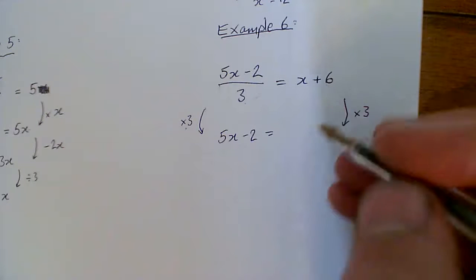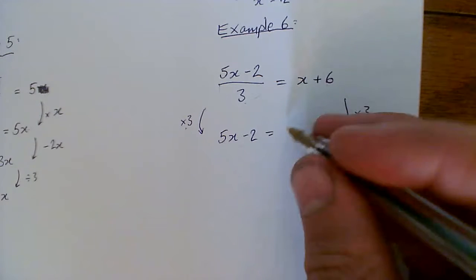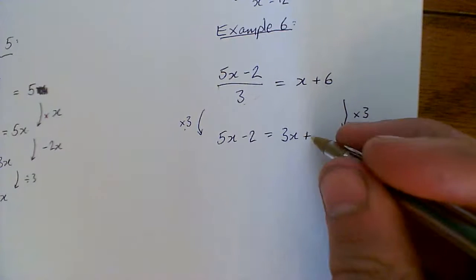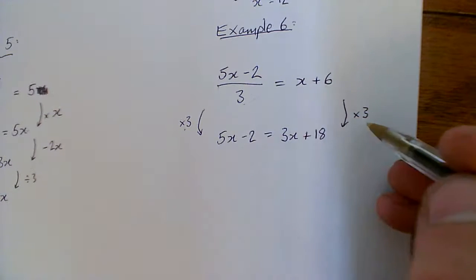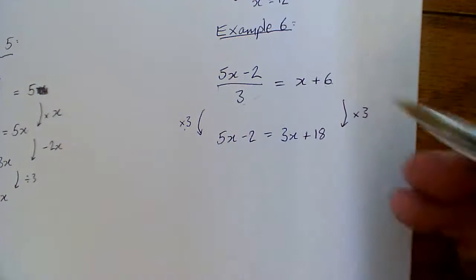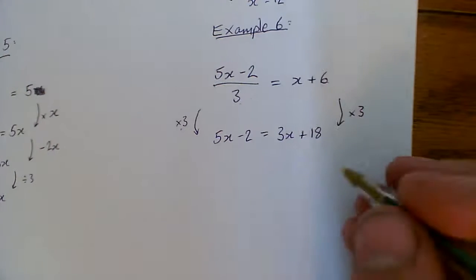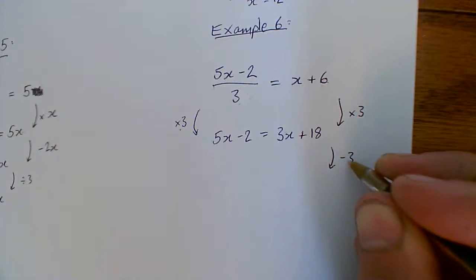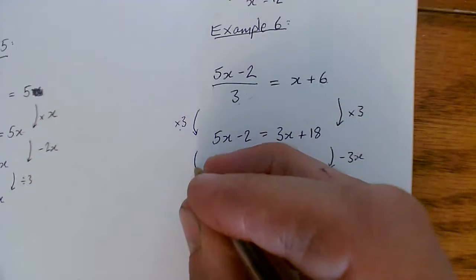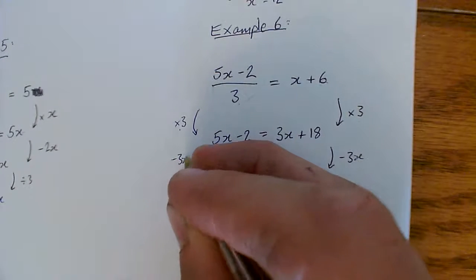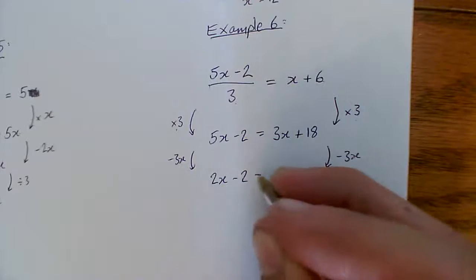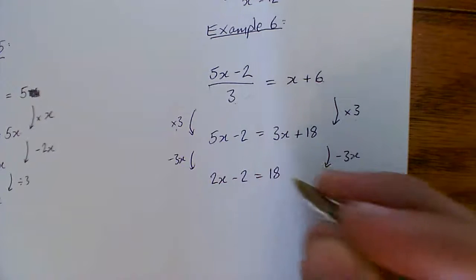Over here, we're timesing by 3. 3 times x is 3x. 3 times 6 is 18. You've got to be careful, times everything on this side by 3, and then you're there. Now, we can solve this like the unknown both sides equations we had before by taking 3x off both sides and get 2x minus 2 equals 18.